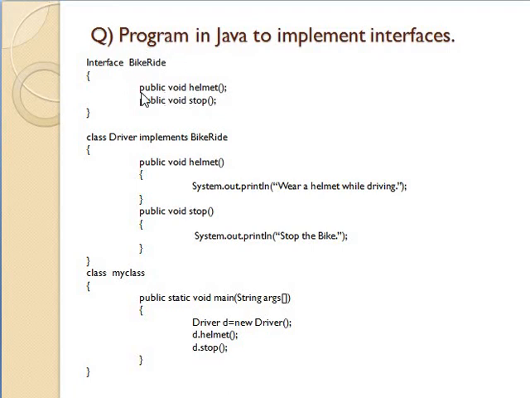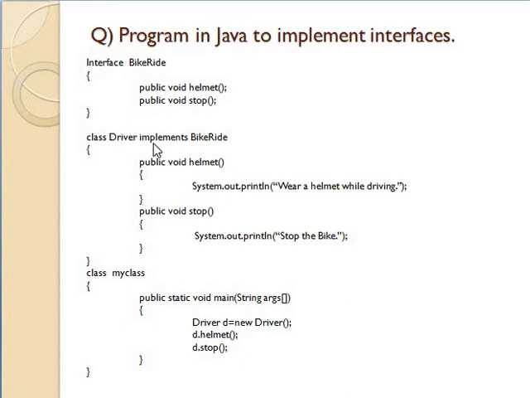Once you have declared the interface named bike ride, you have to declare a class that can implement this interface. A class named driver has been created to implement the interface bike ride.